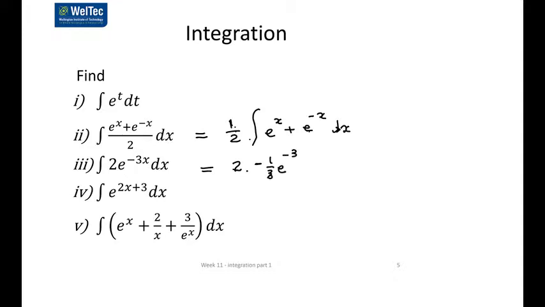Number 3, put the 2 in front of the bracket and then integrate e to the negative 3x. So that would become 2 times, now, the integral of e to the negative 3x would be negative a third e to the negative 3x.